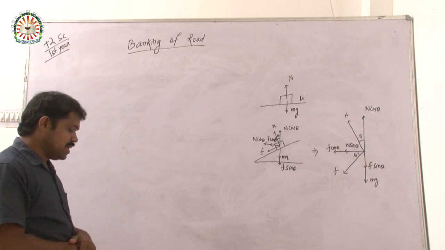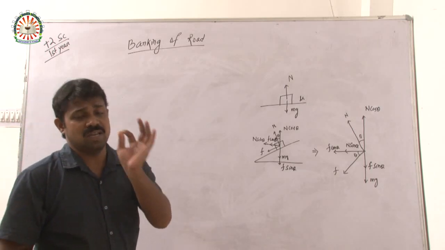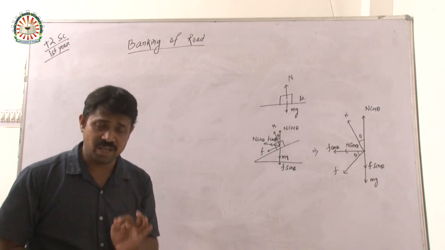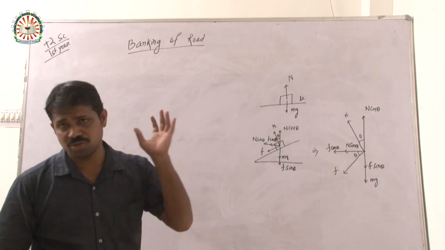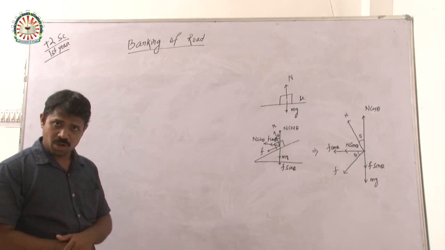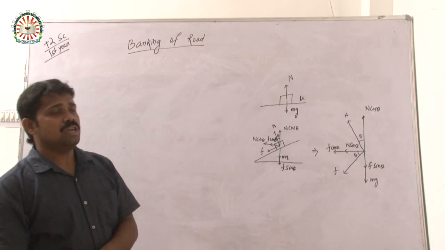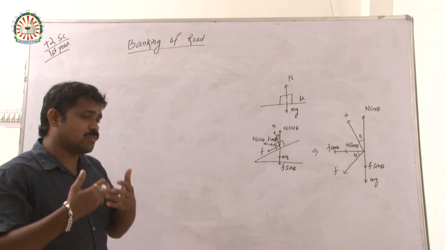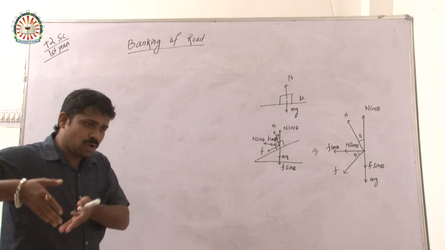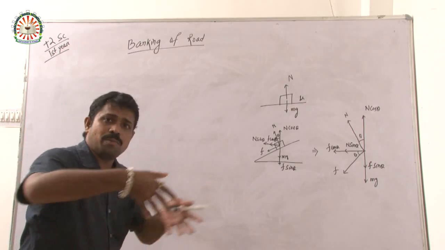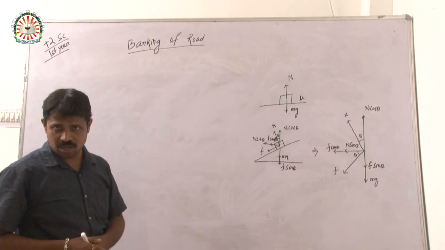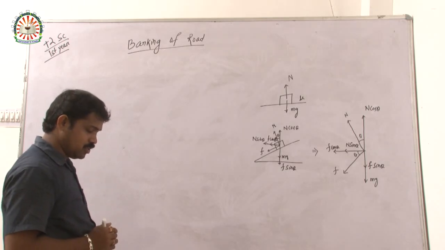That means a centripetal force is necessary to have this type of motion. Clear, all of you? Okay. So this centripetal force is required to move the car in a curved path, in a circular motion.